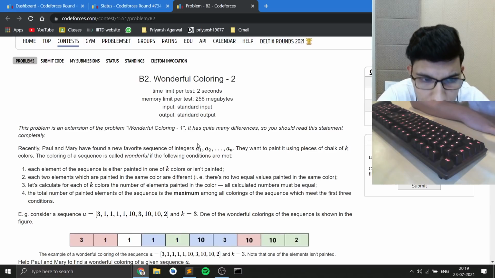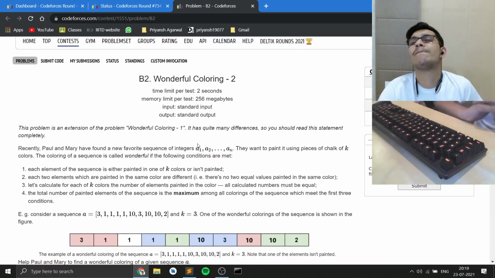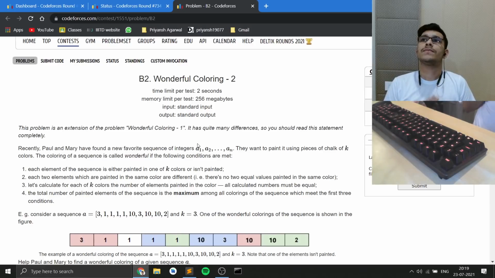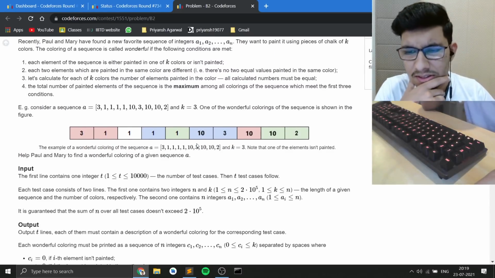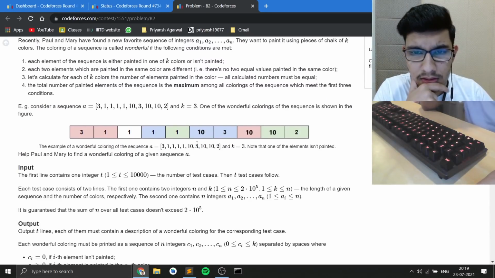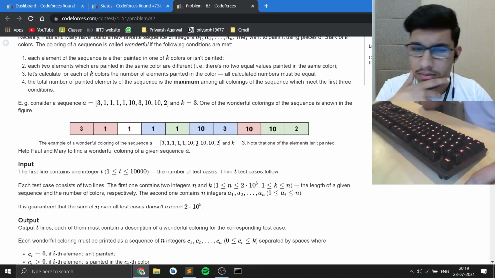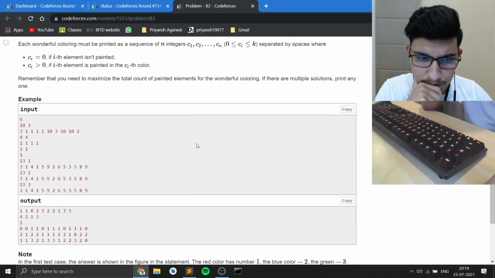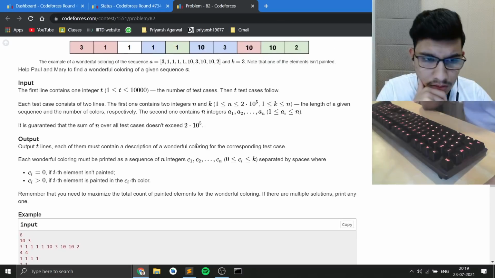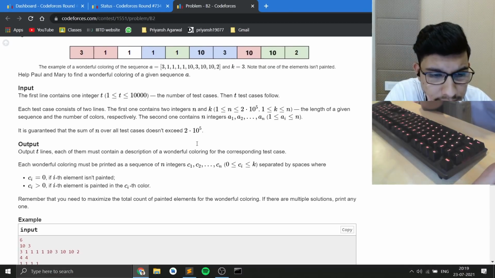Right. Okay, so isn't this like exactly same? We just have to scale it up. Okay, so now they also want the coloring here, right?